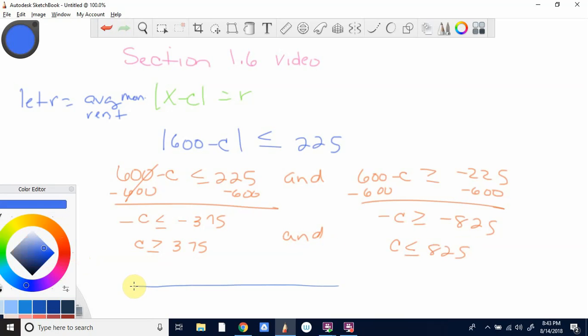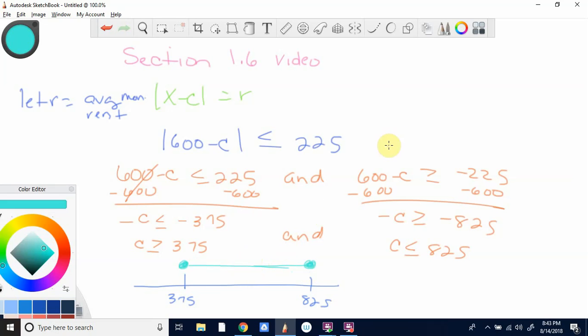So here's our graph. So 375 and 825. So it says here, C is greater than or equal to 375, and C is less than or equal to 825. So remember, we know they have to be connected because it's an and, it is.